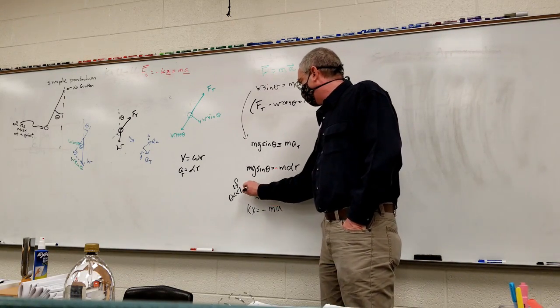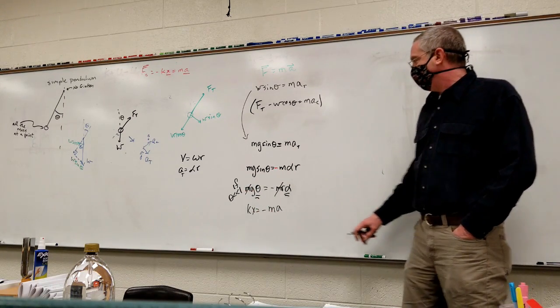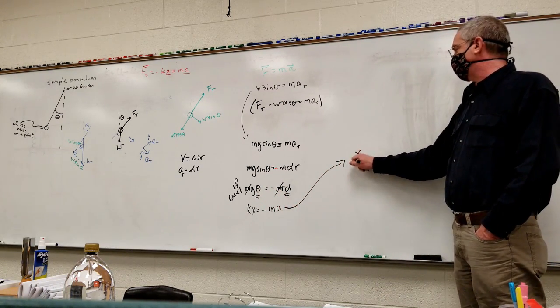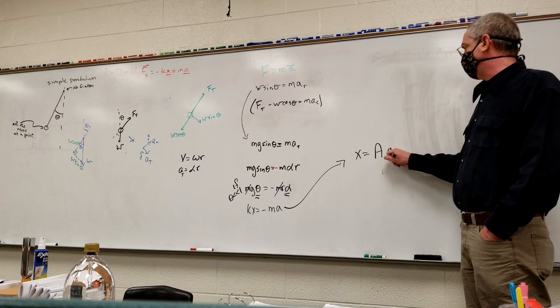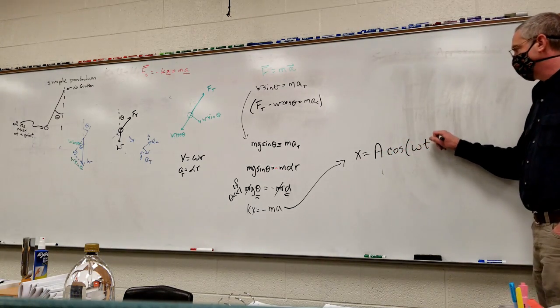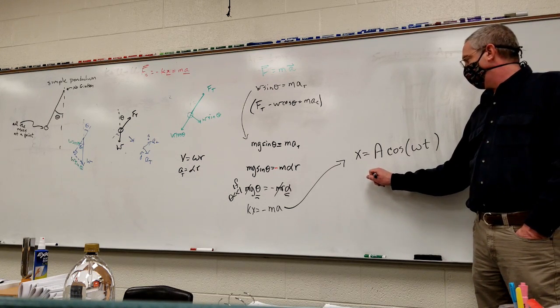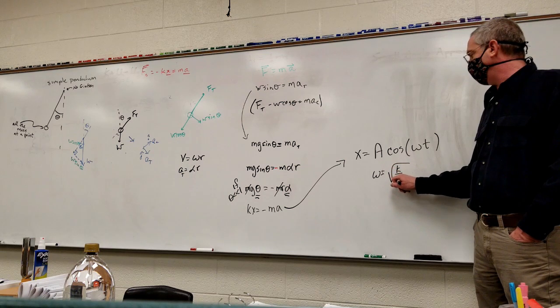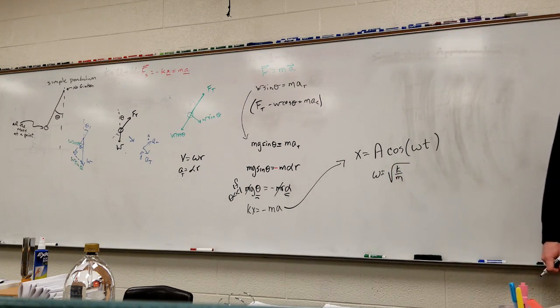Well, mass cancels out on that equation right there. So if I'm looking at the parallel, we've already solved this one. This is x is equal to some amplitude times the cosine of omega t, where omega is the square root of k over m. We did that last Tuesday.